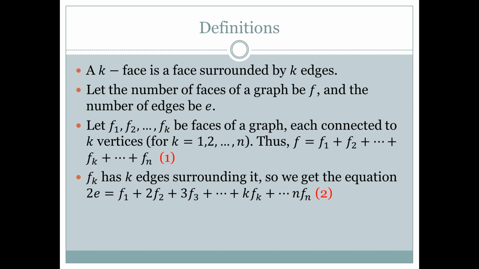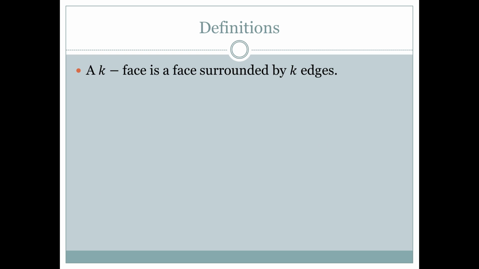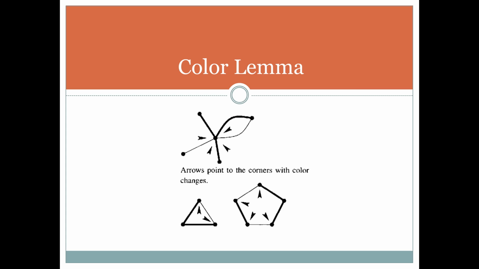So it'll be double E. Again, this is counting the infinite plane as a face as well. So again, looking back here, if you look at the top picture, there's one two-face, and then there's one five-face, the outer one.